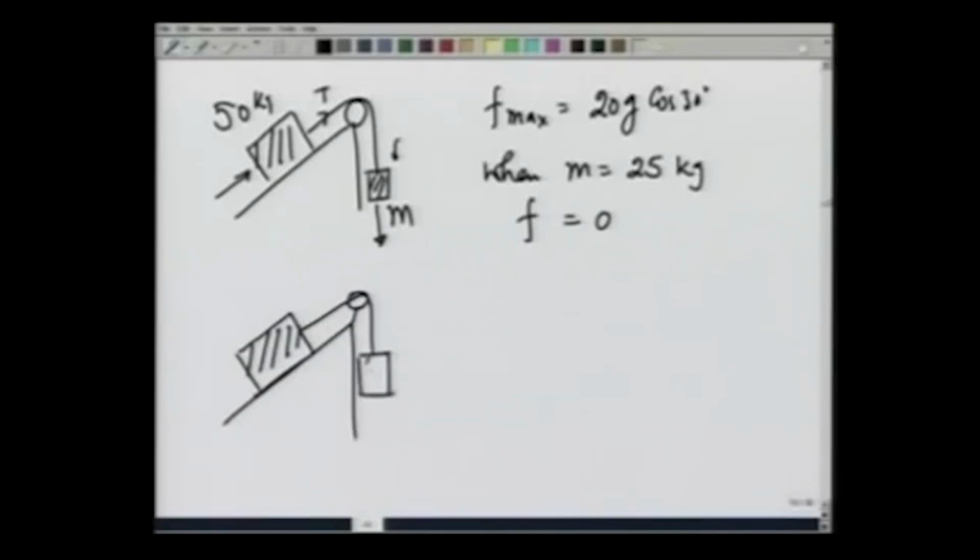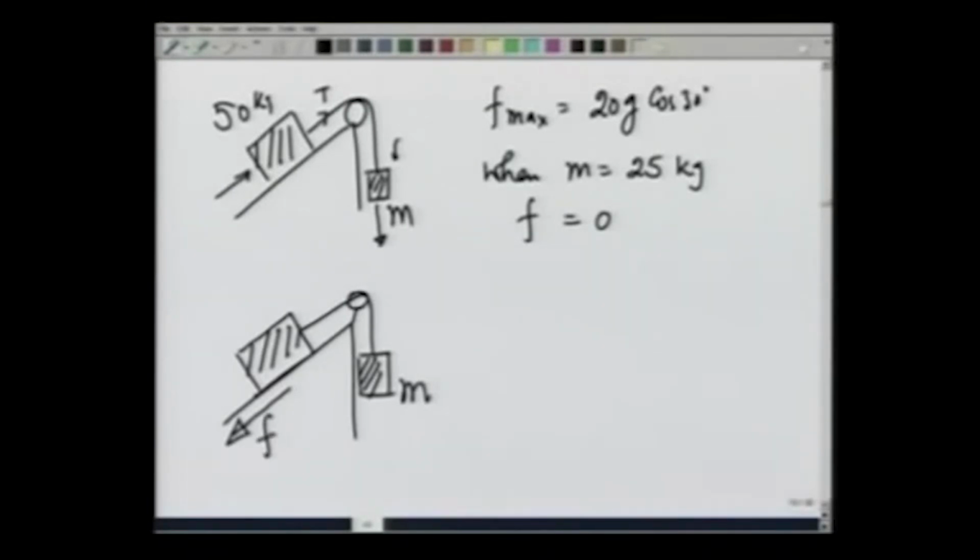So, the other limit of this whole scenario is going to be, have this pulley, that if I increase this mass m, it tends to pull the 50 kilogram mass up, and therefore, if I go beyond 25 kgs, this mass has a tendency to move up, and therefore, the frictional force on this would be in the opposite direction.